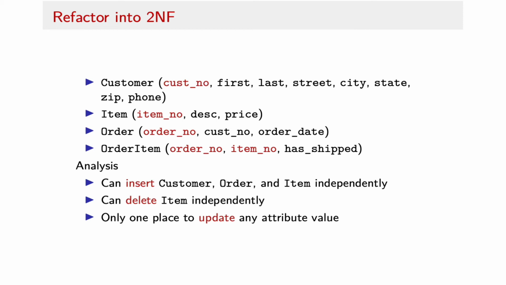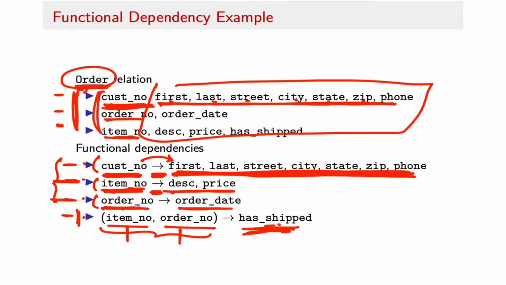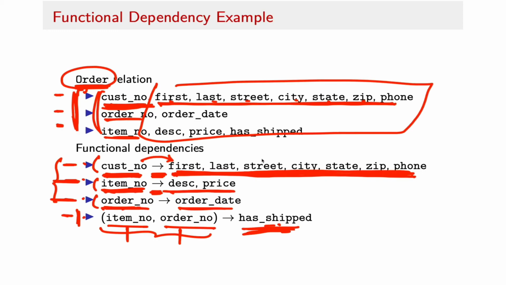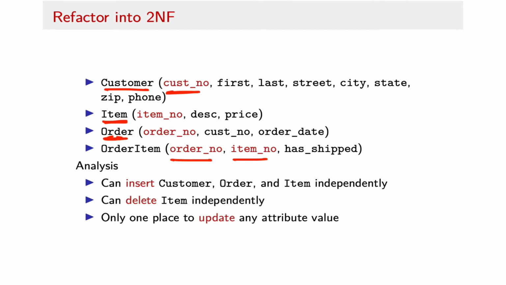We've got a customer relation, and as you can see here, the highlighted attribute is the primary key, and we've got the attributes that we saw from the right-hand side of that functional dependency, and the same thing here for the item relation and the order relation. These are exactly the same fields that we just saw back here in these first three functional dependencies. And then for the order item, we've got a composite primary key that's composed of the two determinant attributes in that functional dependency, and then the has shipped.